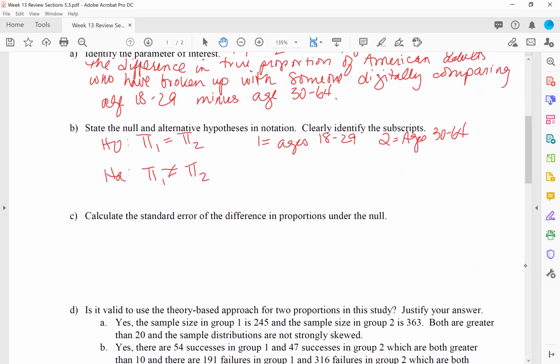So this next question asks to calculate the standard error of the differences in proportions under the null. So that means we're going to be using the equation with the p hat pooled because we're assuming the null is true.